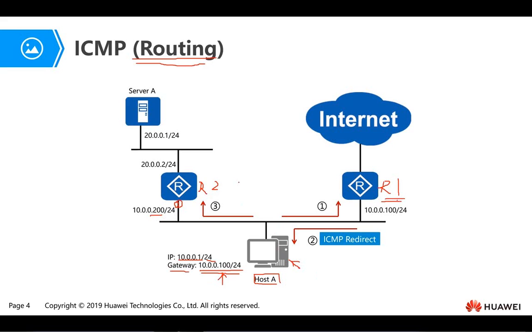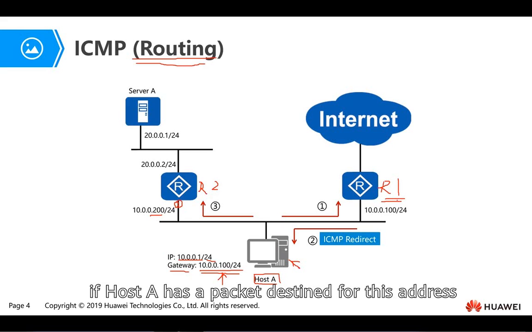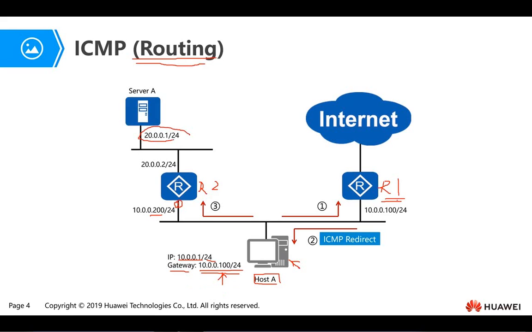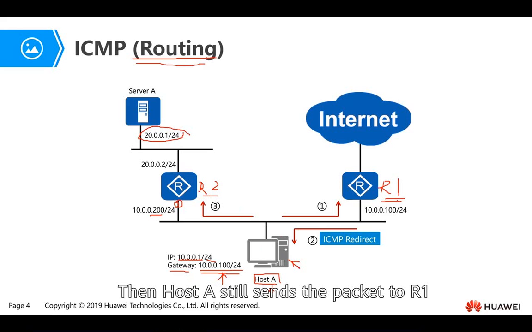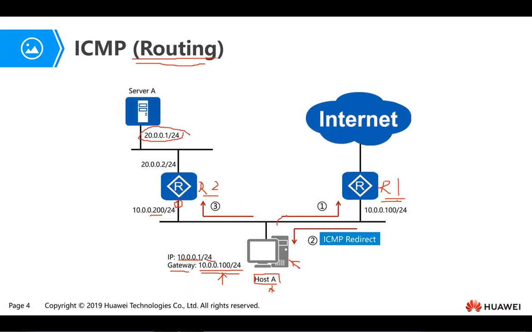But now, if host A has a packet destined for the address 20.0.0.1, host A does not know this network is behind R2. So host A still sends the packet to R1.